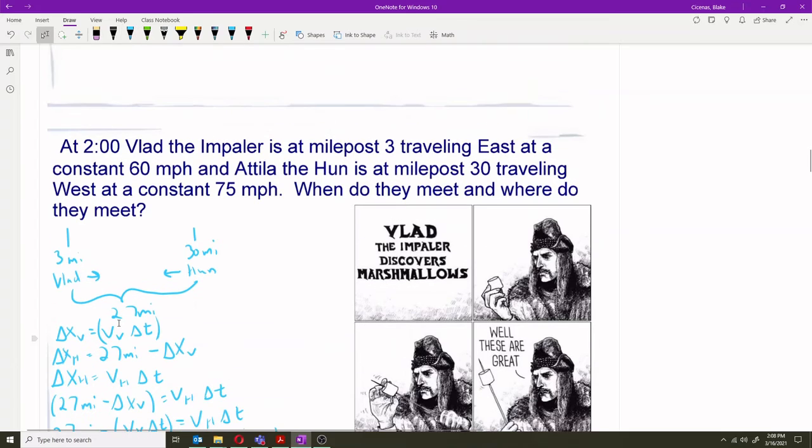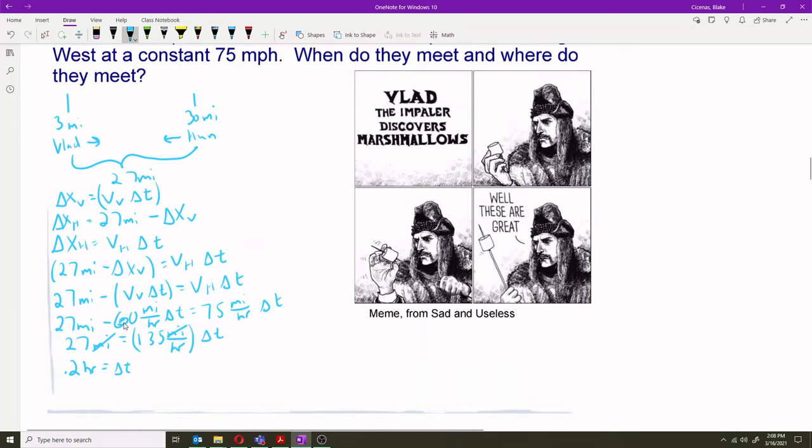So if I want to figure out when they met, I probably want to get that in a form of minutes, at least. So if I take 0.2 hours, come back up here, and we know that there are 60 minutes in an hour, hours cancels, that gives me 12 minutes, right?